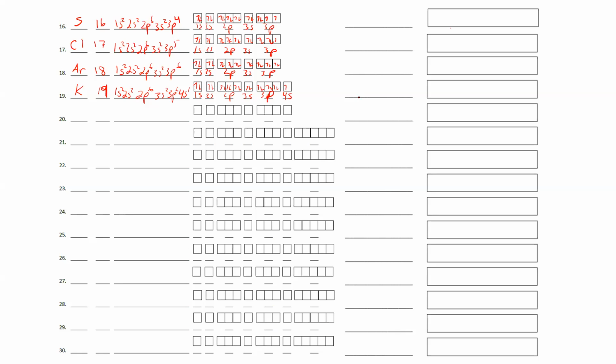And since our next core is argon, right, argon, we know, accounts for all of the electrons in the period above, the 1s2, 2s2, 2p6, 3s2, and 3p6.